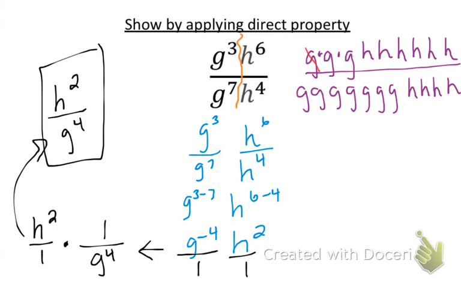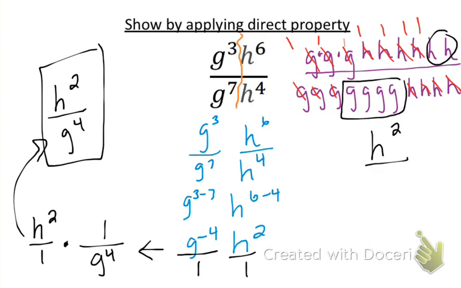I'm going to reduce, 1, that's 1, that's 1, that's 1. Then my h's, that's 1, that's 1, that's 1, and that's 1. Nothing else to reduce. So in the end, we have 2 h's as my numerator, and we have 4 g's in my denominator, and that's our answer.